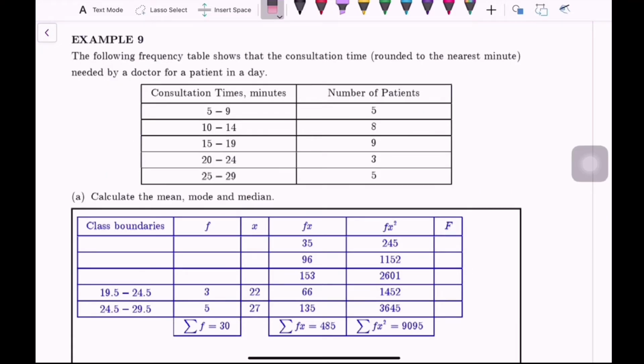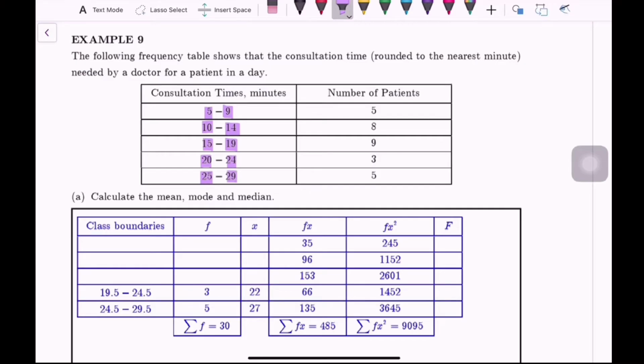Example 9. The following frequency table shows the consultation time, rounded to the nearest minute, needed by a doctor for a patient in a day. Consultation times are given in the form of class intervals, or we call it class limits. This one is the lower limit and the right side is the upper limit.